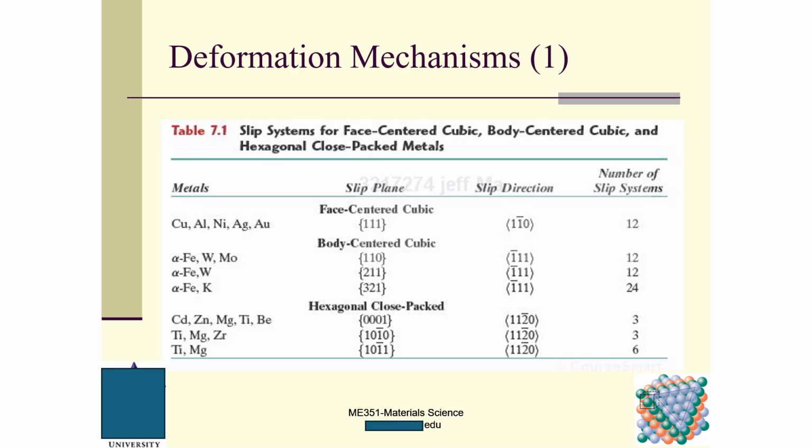So in total, 12 plus 12 plus 24, that is 48 slip systems.